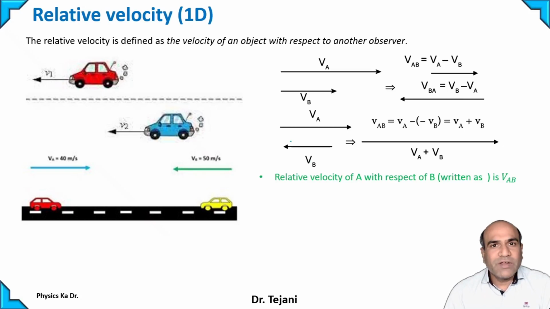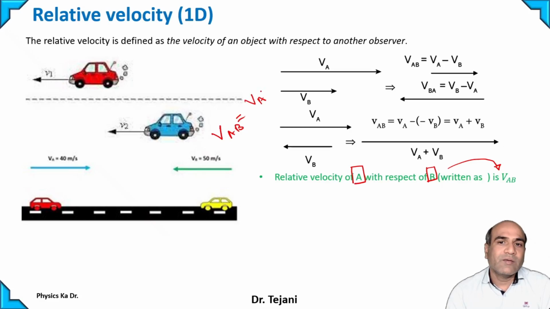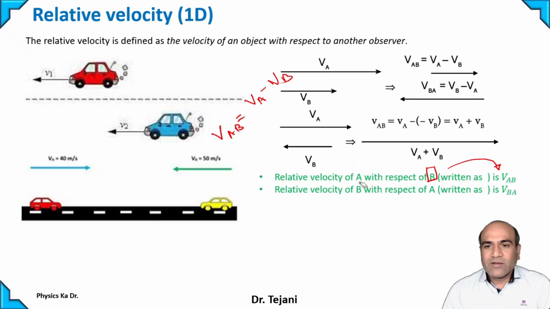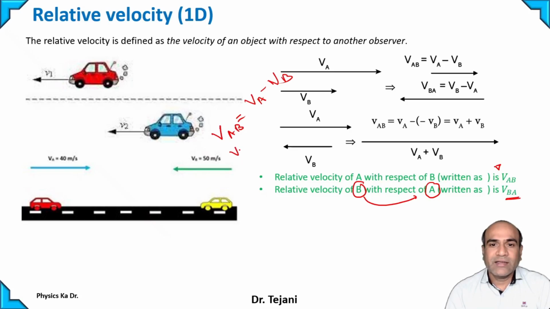Again, what we need to understand here is the relative velocity of object A with respect to B, which is written as VAB, and VAB is equal to velocity of A minus velocity of B. Similarly, the velocity of B with respect to A is denoted by VBA, and VBA is equal to VB minus VA, and VAB is equal to minus VBA.